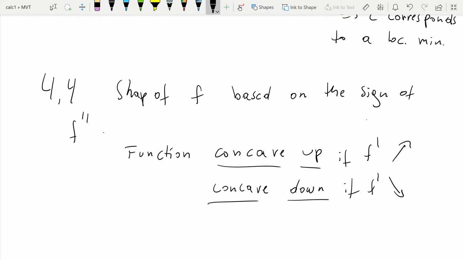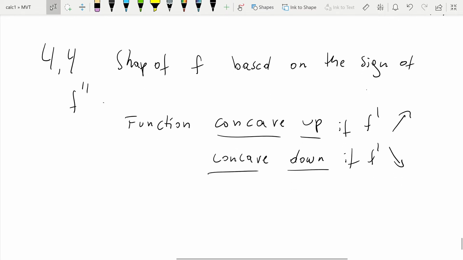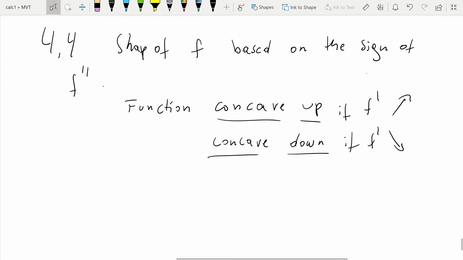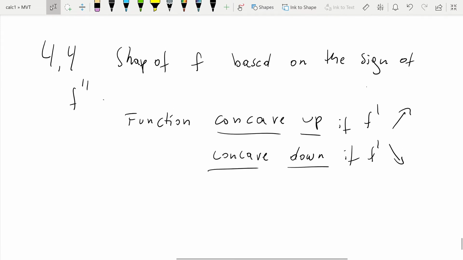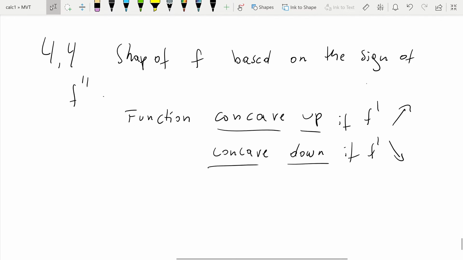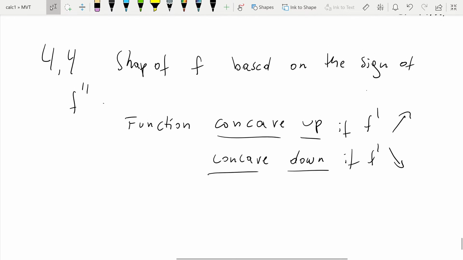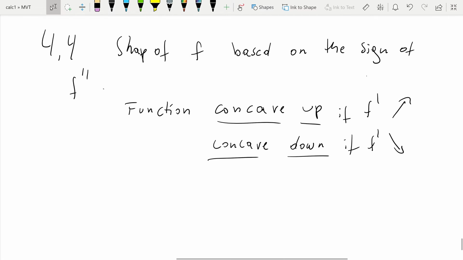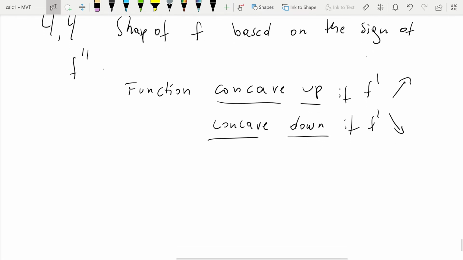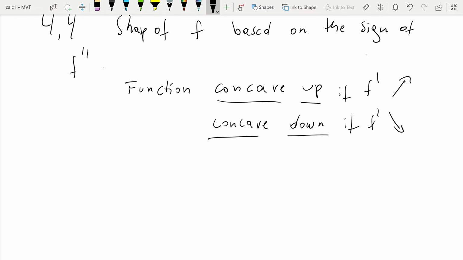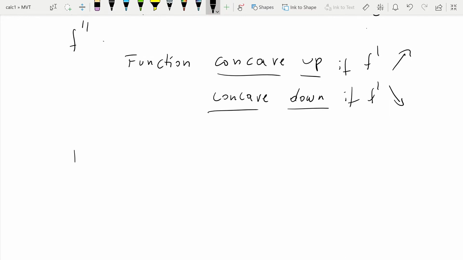So just like before, when we could draw information about f from f prime, we can draw information about f prime and the growth of f prime from f double prime, because the derivative of f prime is f double prime. So we have a criterion that says that if f double prime is positive inside an interval, then f prime is increasing.